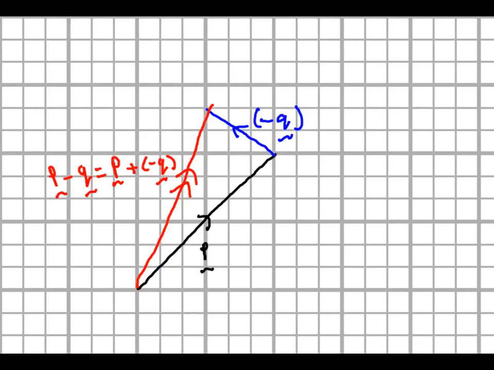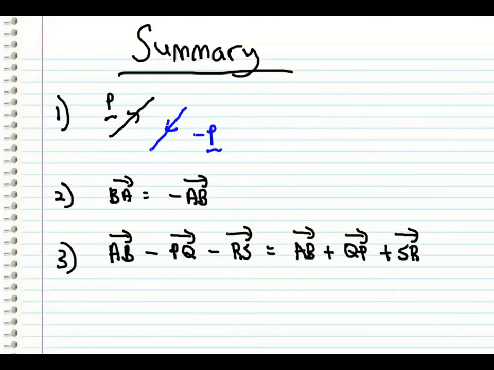So the vector P minus Q or P plus the negative of Q is simply the red color vector drawn from the starting point of P and the ending point of negative Q. I hope vector subtraction is not difficult. It is very similar to vector addition.